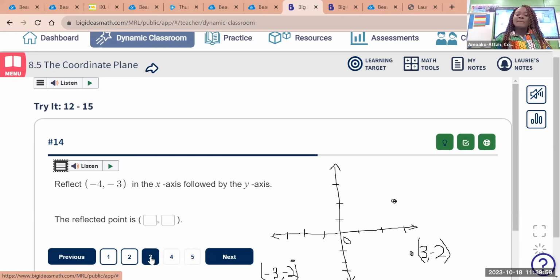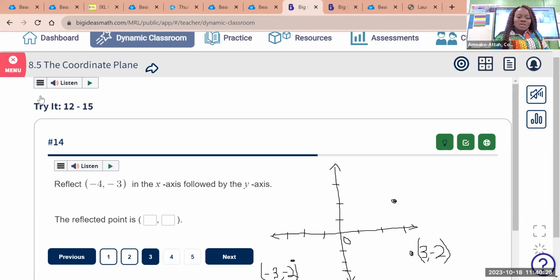Don't forget: one, plot a point, and two, count how many units you take to get to your mirror line. If you're reflecting in the x-axis, it becomes your mirror line. Then take the same number of steps to get your reflected point. And that will be all for you.